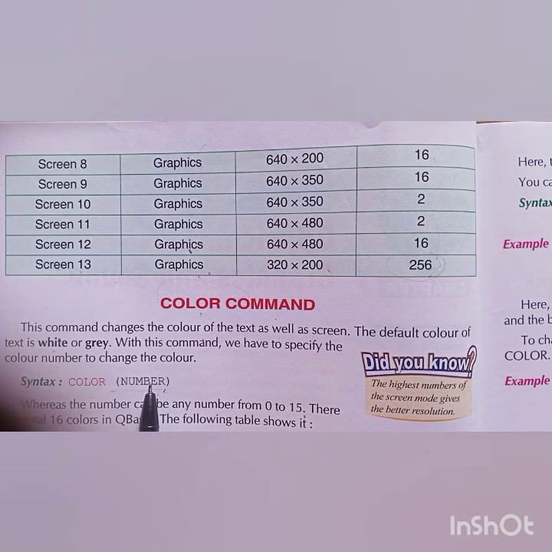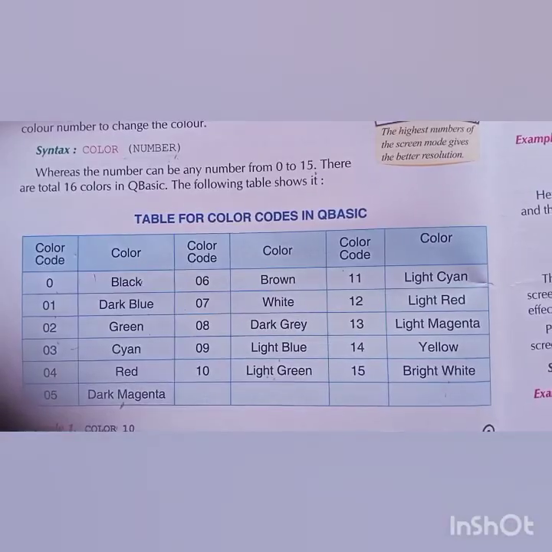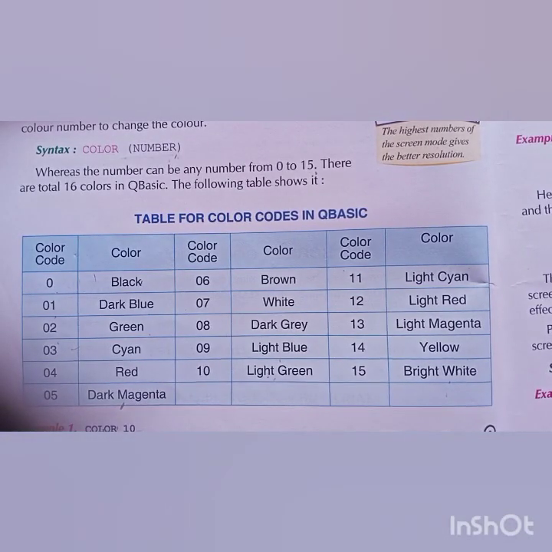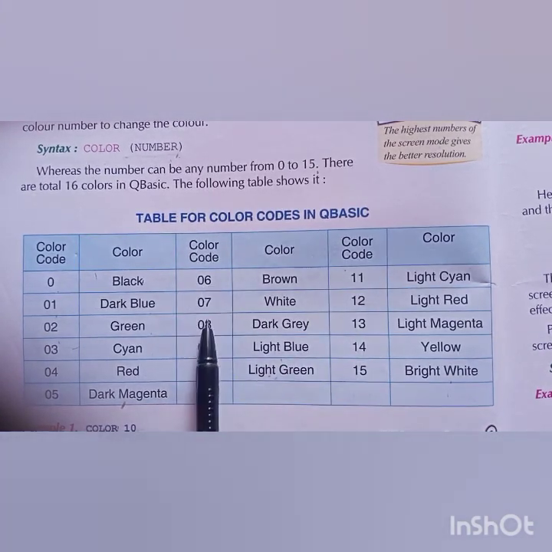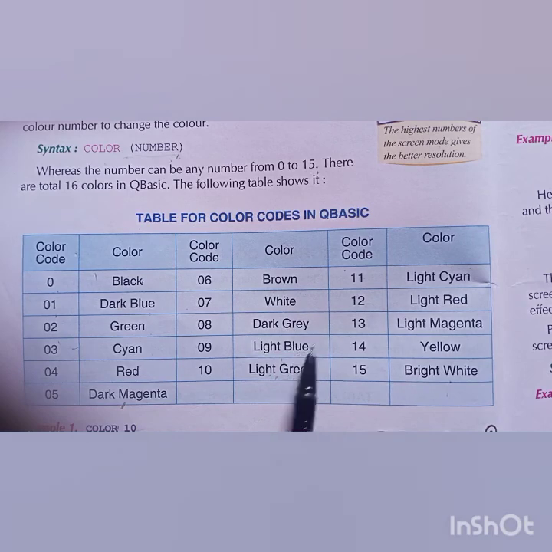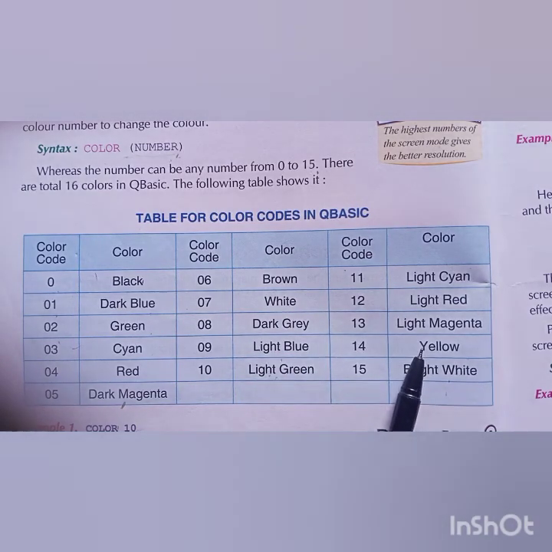Here we don't use the names of the colors, rather we write the numbers for the colors. As you can see, color codes are there: 0 is for black, 1 is for dark blue, 2 is for green, 3 for cyan, 4 for red, 5 for magenta and so on. All the color codes and what color they represent are given here.